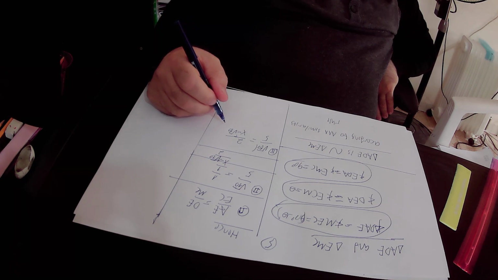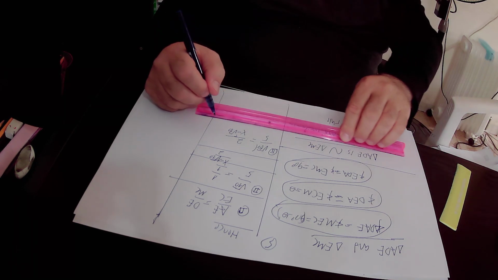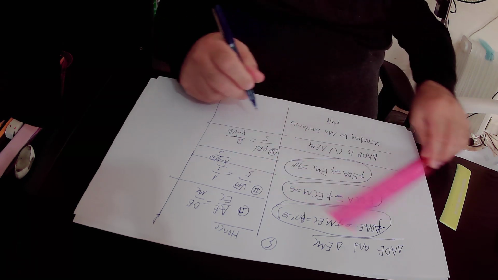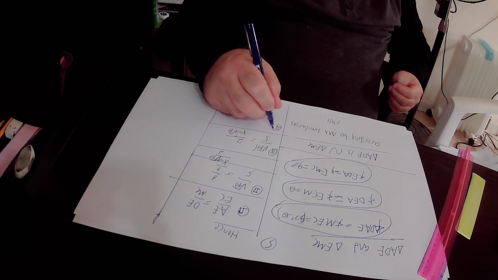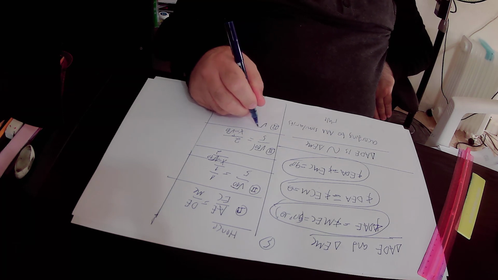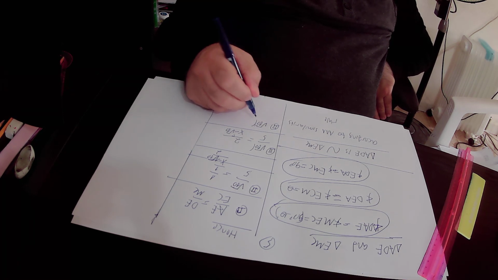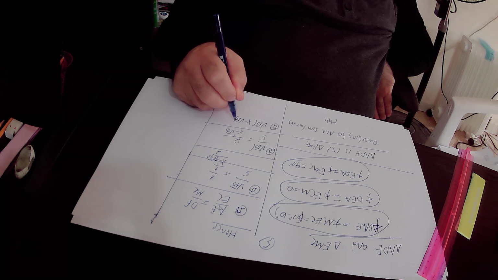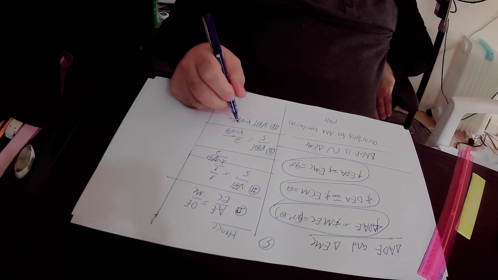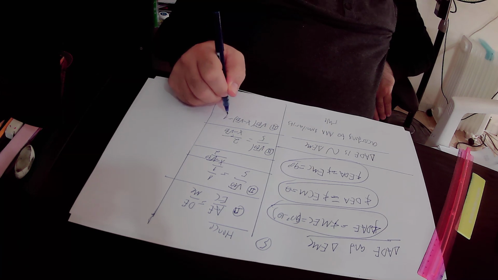Here we cross multiply this equation, equation number 2, and we get that according to equation number 2, square root of 10 times x minus square root of 10 equals 5 times 2, which is 10.